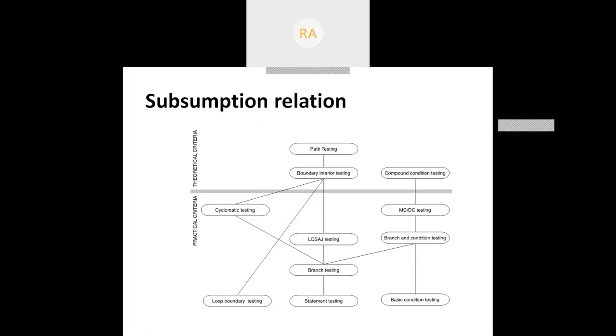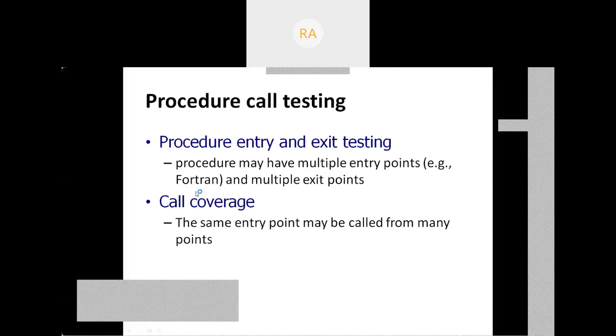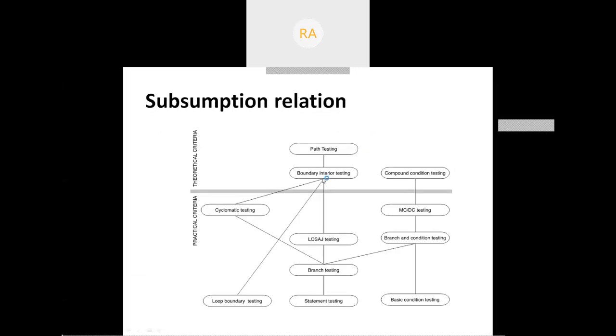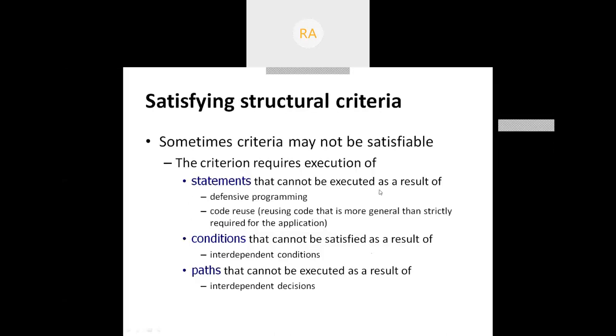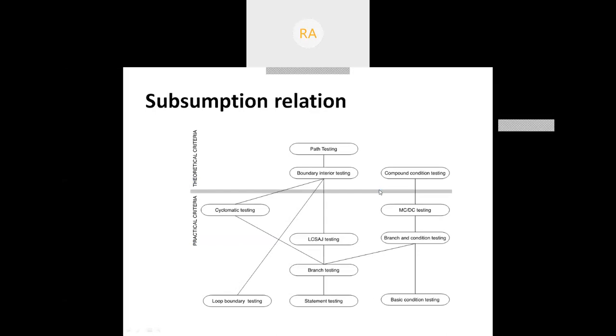Suppose you are going for path testing. Just look at this, everybody look at this diagram. Subsumption relation, this diagram is very important. There is a thin line they have established over here in order to differentiate the theoretical criteria from what exactly happens in the practical scenario.